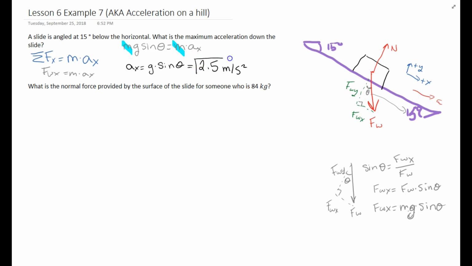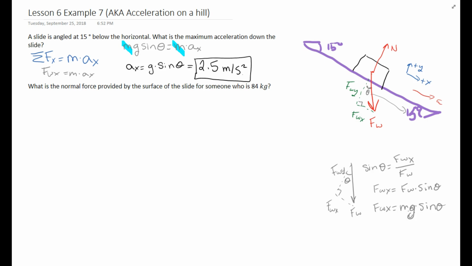So that is the maximum acceleration that any object can have down that ramp. And notice that, remember, the mass didn't matter. So any object going down that ramp, that's the maximum acceleration it can have if we are not dealing with friction.